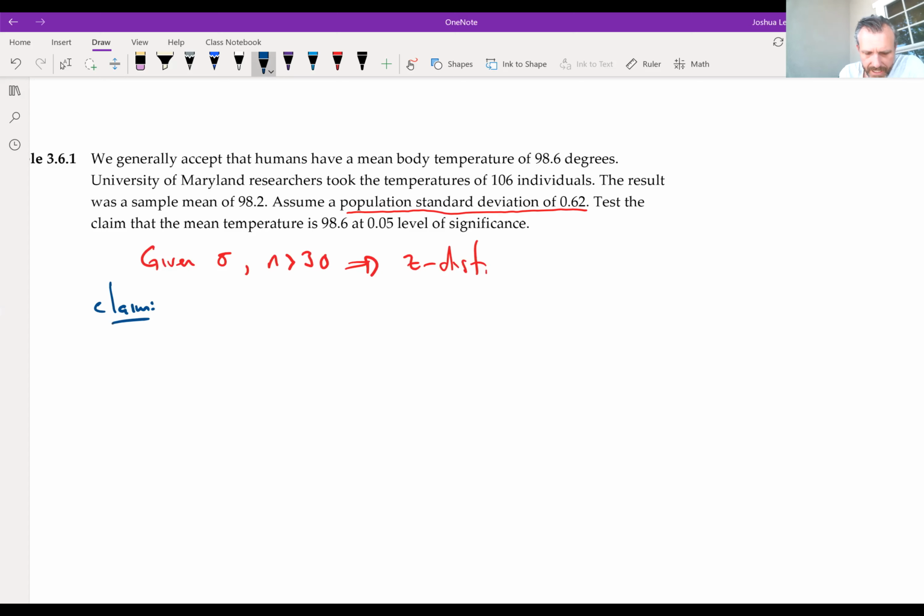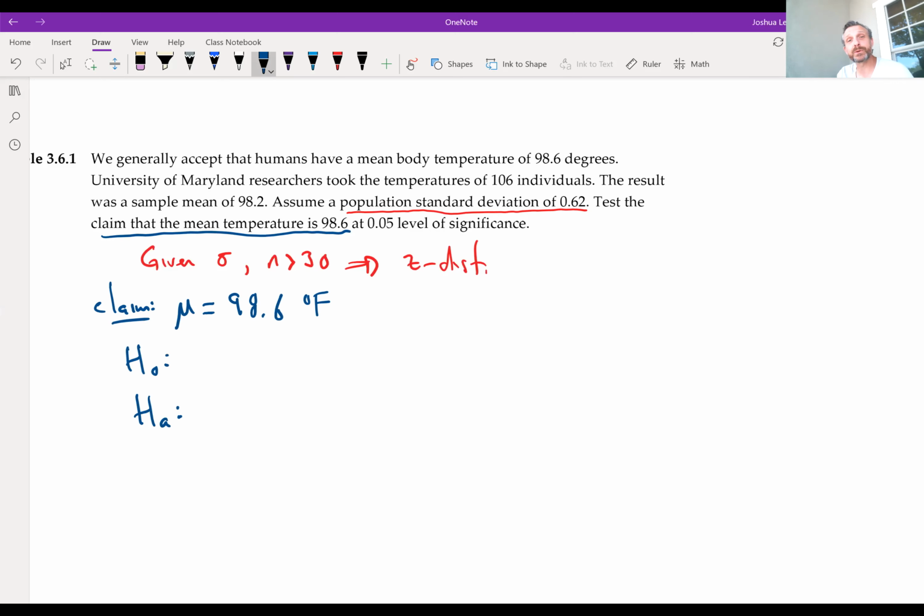We start with the claim. The claim is that mean body temperature equals 98.6 degrees Fahrenheit. I've got my claim.